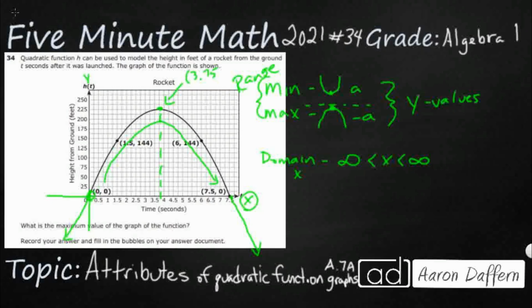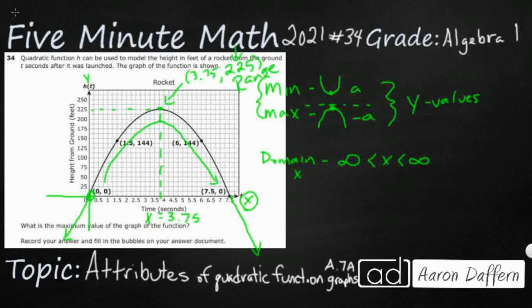That would also be my axis of symmetry, if I wanted to write that, because my vertex is a combination of the x value, which is the axis of symmetry, and the y value, which is the minimum or maximum. In this case, we're looking for the maximum. It looks like that goes right over to 225. So that's my vertex, and my minimum or maximum value is actually the y coordinate within that.